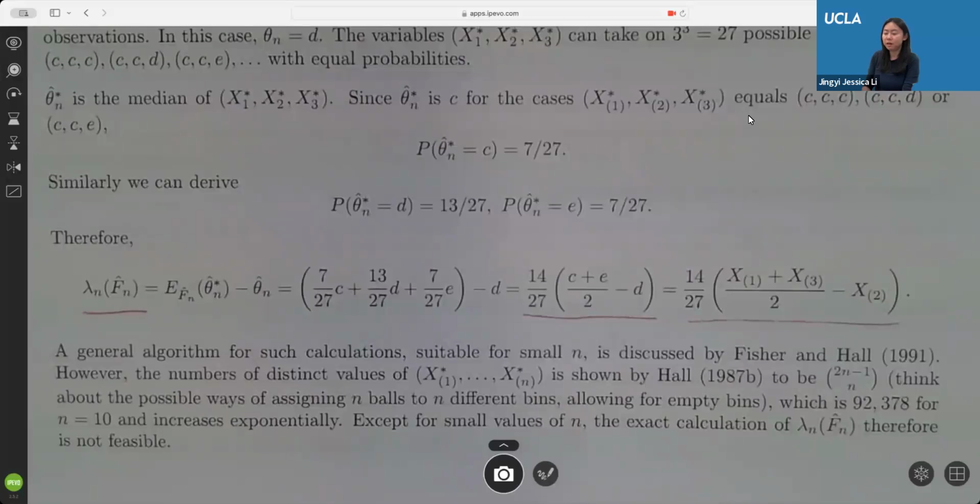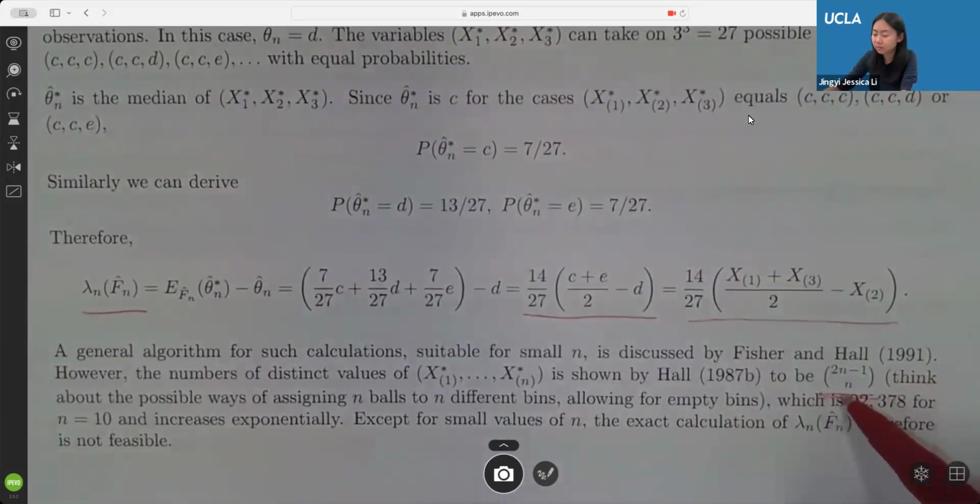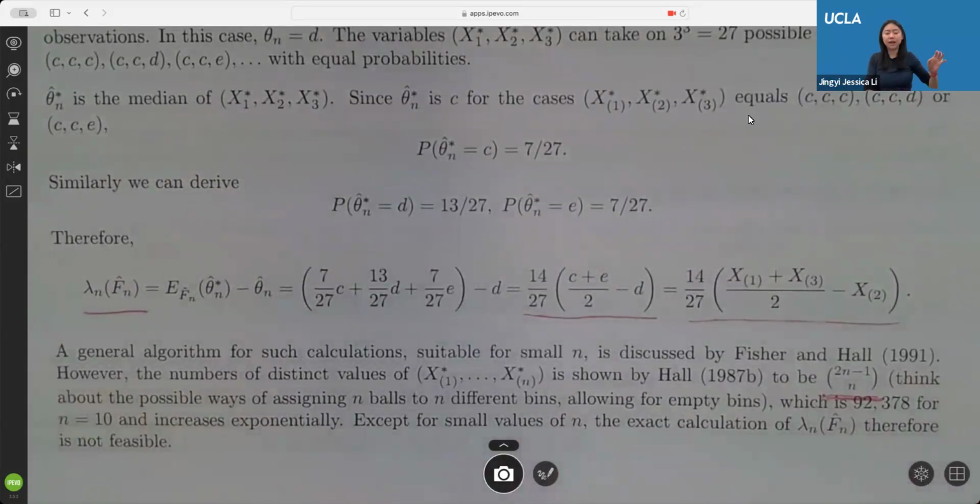However, the number of distinct values of x1 to xn is shown to be this, depending on our sample size. So how many distinct values do you get for the hypothetical sample? This is a combinatorics problem. Think about the possible ways of assigning n balls to n different bins, allowing for empty bins. Okay, so what does this mean?